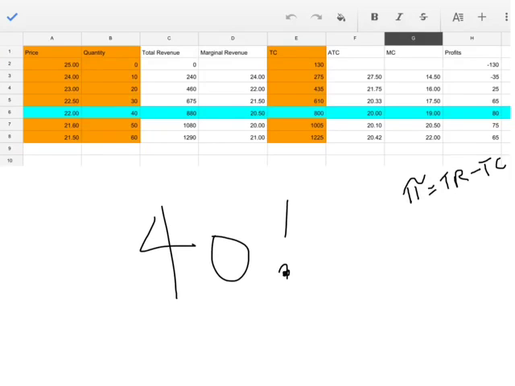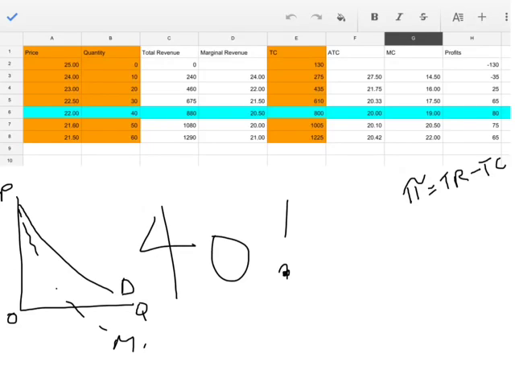And it's perfectly analogous to the way we did these monopoly problems graphically. Notice that these relationships hold. I'm not trying to scale, but we've got this downward sloping demand curve. It's not exactly linear, but it's downward sloping. We've got this accompanying marginal revenue function. We've got an upward sloping marginal cost function.